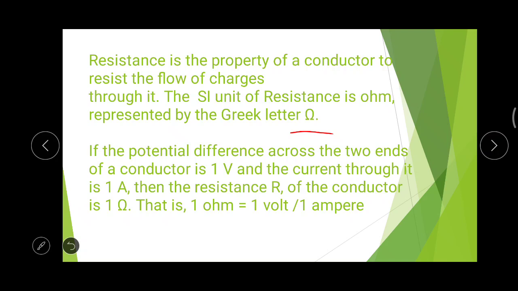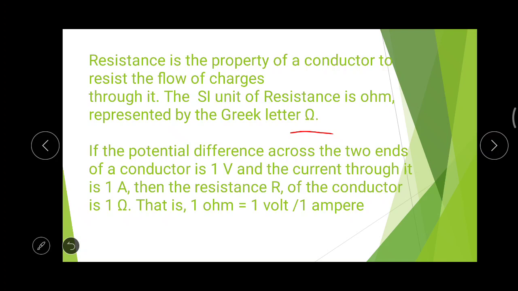We know that R is equal to V by I. If the V value is 1 volt and the I value is 1 ampere, then the resistance of that conductor is 1 ohm. That means if you are applying a potential difference of 1 volt across the conductor, and measuring the current through it, if it is 1 ampere, then we can say the resistance of that conductor is 1 ohm.